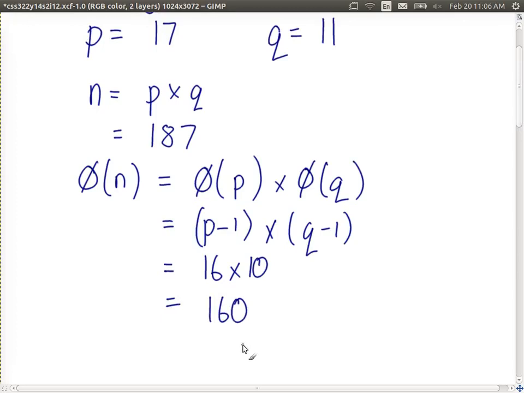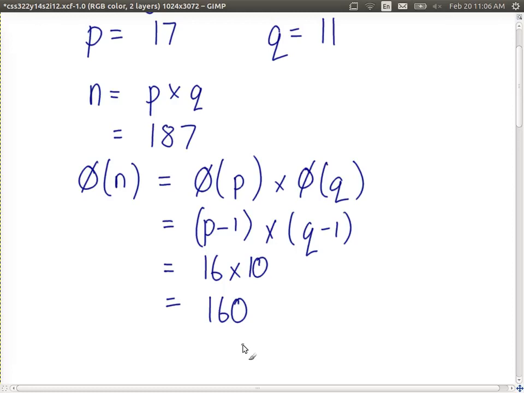And the reason we choose two primes at the start, p and q, one of the reasons is that we can easily calculate the totient, because we'll need that shortly. So if I chose some n which was not made up of multiplying two primes together, calculating the totient of a large number is quite hard unless we know that that number is made up of two primes multiplied together. So this is easy to calculate.